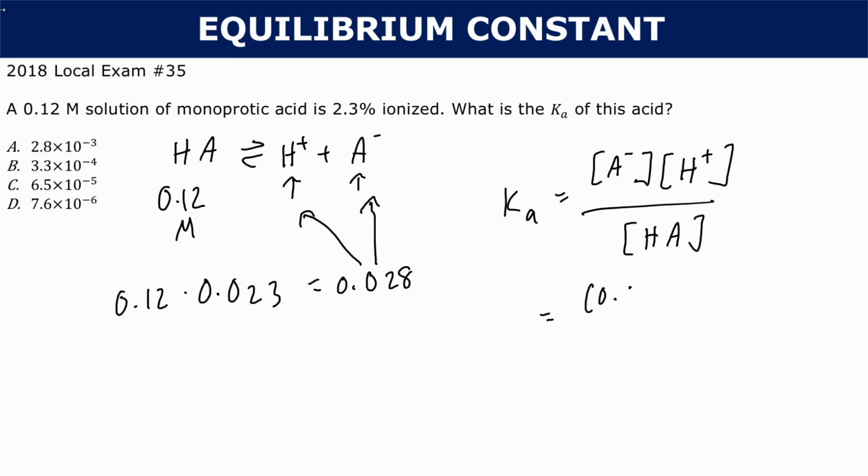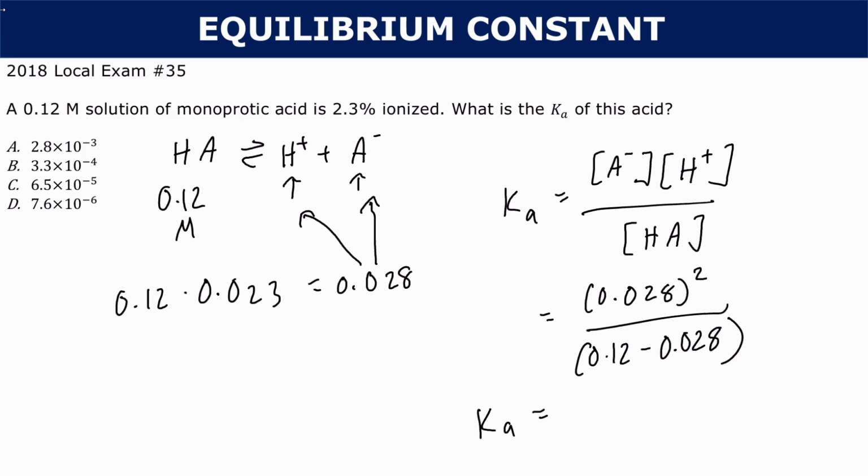That's going to be 0.028. And since they're both 0.028, let's just say it's squared. And our equilibrium concentration of HA is just going to be 0.12 minus 0.028. Because remember, that amount gets ionized, so it gets converted into your products. And if you solve this, you're going to get that your Ka value is going to be 6.5 times 10 to the negative fifth, which is answer choice C, and that is the right answer.